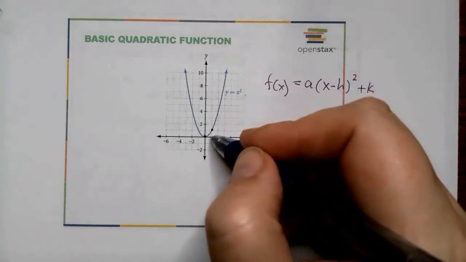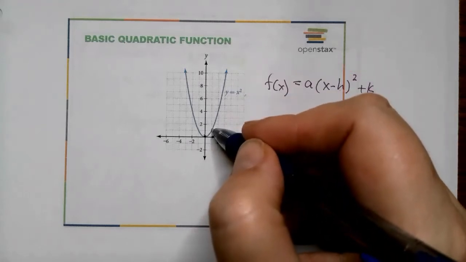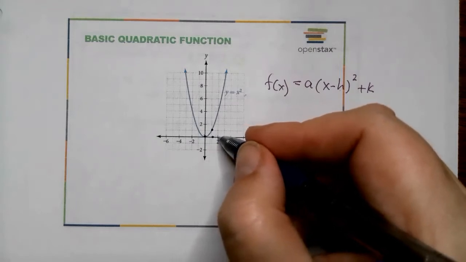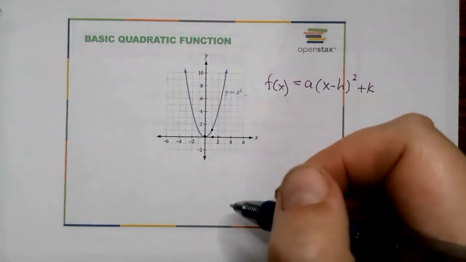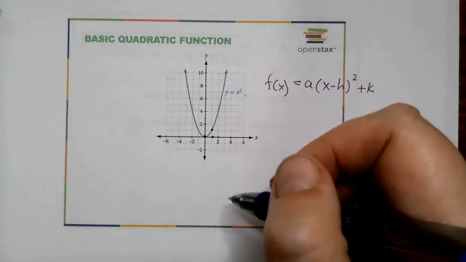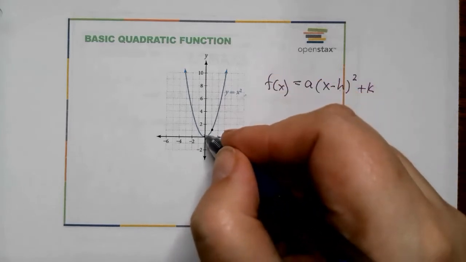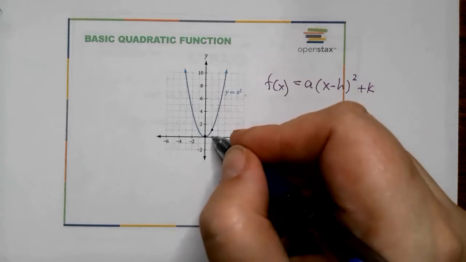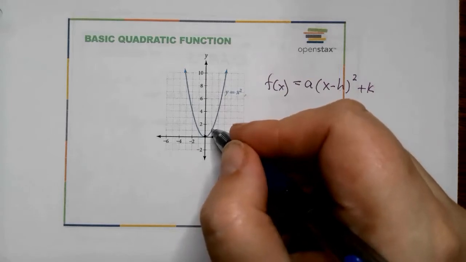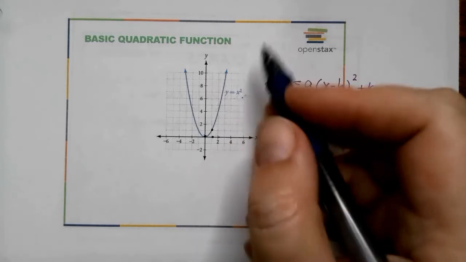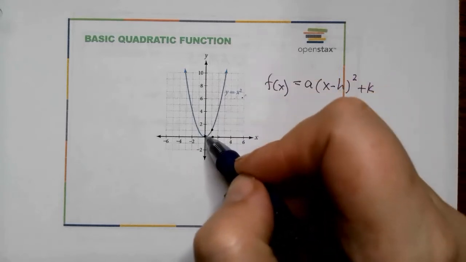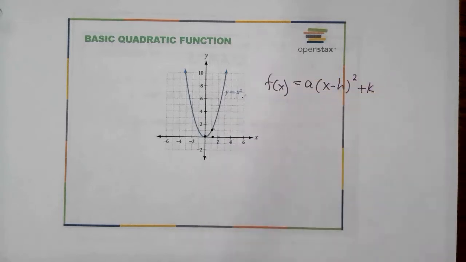So 1 to the right, 1 up. If you go 2 out, now it's 4 up. So it's not going to be consistent for the entire parabola everywhere. But if you start with the vertex and go one to the right, one up, it should be like the standard parabola. For when a equals 1, it's 1 over, 1 up.